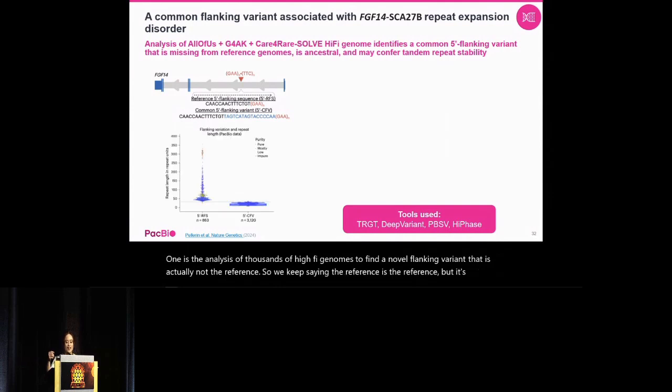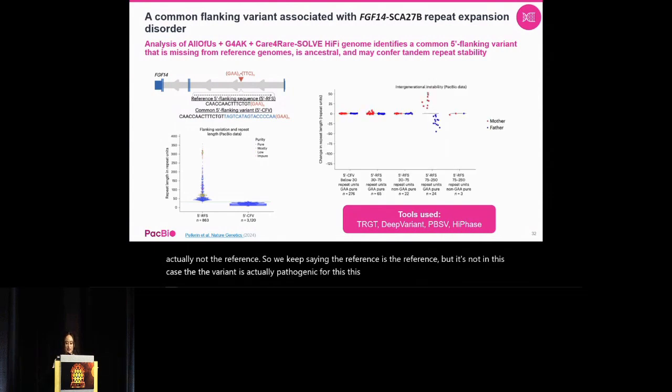In this case, the variant is actually pathogenic for this repeat expansion disease. The analysis of these genomes showed that the common variant is actually ancestral and confers tandem stability. And down here, I'm showing all the tools you need to call this: TRGT, DeepVariant, PBSV, and HiPhase.